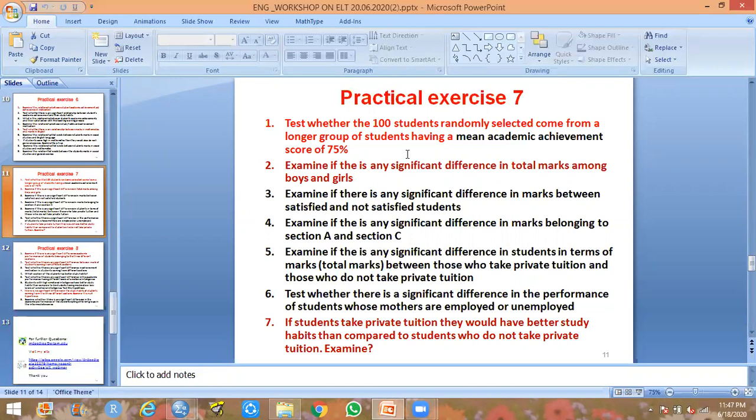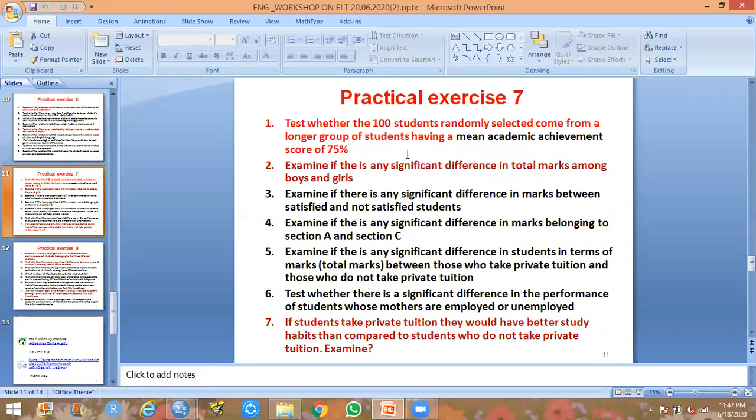Here I am taking percentage of marks. The mean score of that larger group of students is 75%, and the number of students is 100.